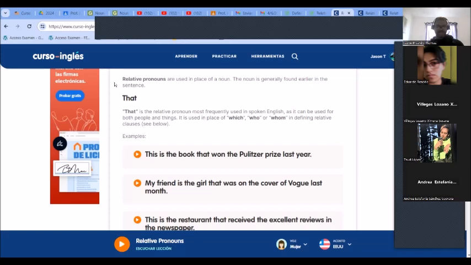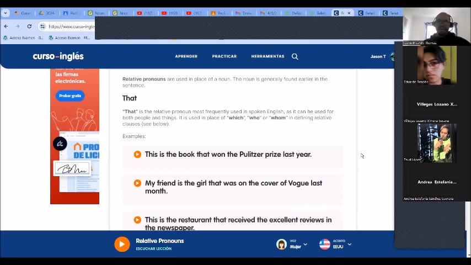Examples: This is the book that won the Pulitzer Prize last year. My friend is the girl that was on the cover of Vogue last month. This is the restaurant that received the excellent reviews in the newspaper.